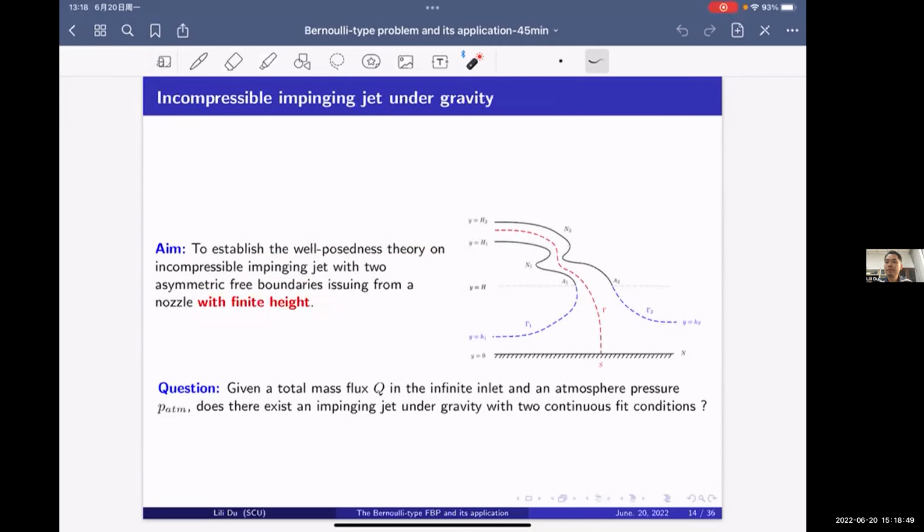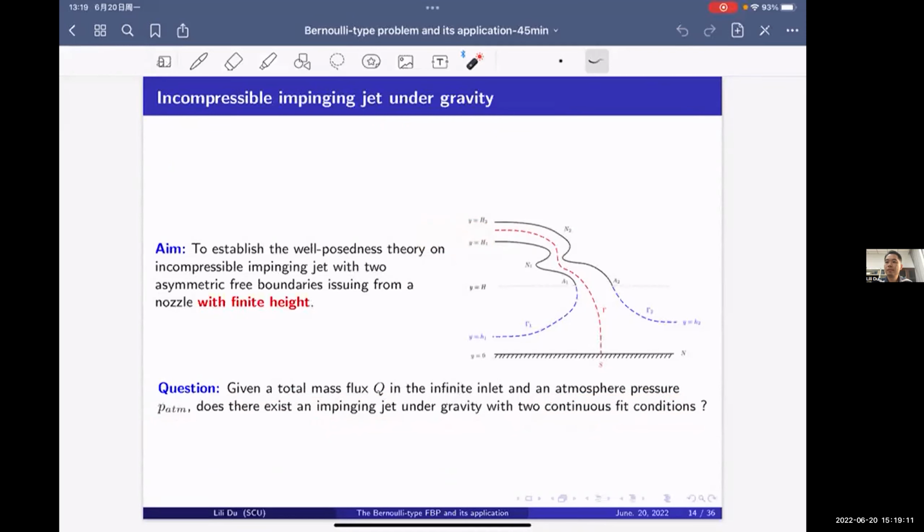The physical problem is that, given the total mass flux Q in the inlet and a constant atmospheric pressure P_atm, there exists an impinging jet under gravity with two continuous fit conditions.